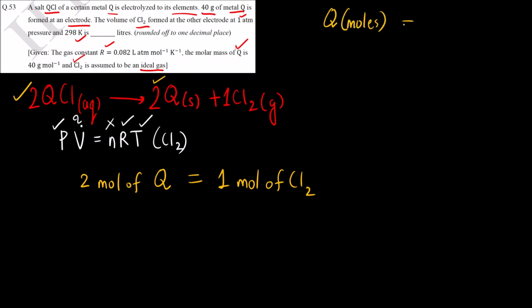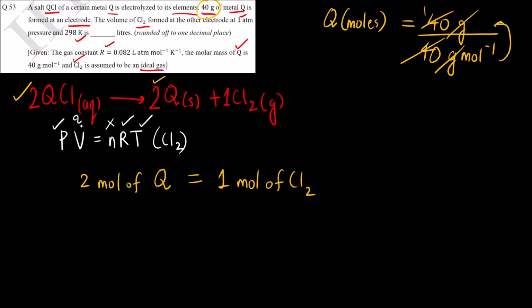So moles of Q we have to calculate. For that, mass is given, that is 40 gram, divided by molecular weight, which is also given, 40 gram per mole. Gram gets cancelled, the 40s cancel, and this will be 1 mole.